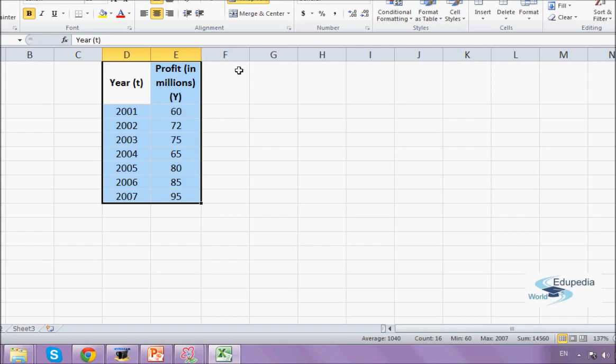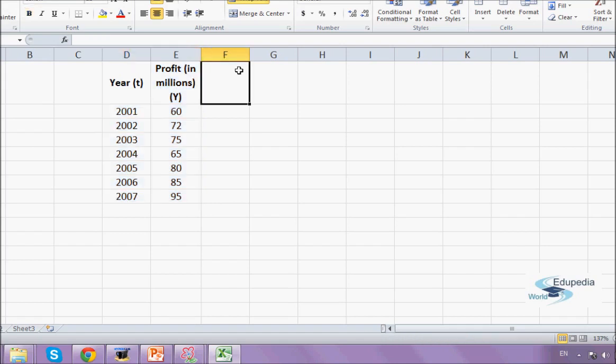Fine. So now here first we need to find the value of x, right? And x, as I had told you, is the difference between the time, that is the first column here, and the year of origin, which we will define by the variable a.